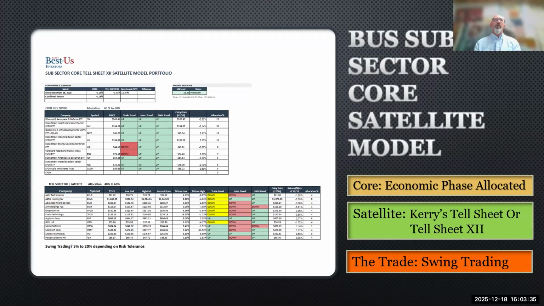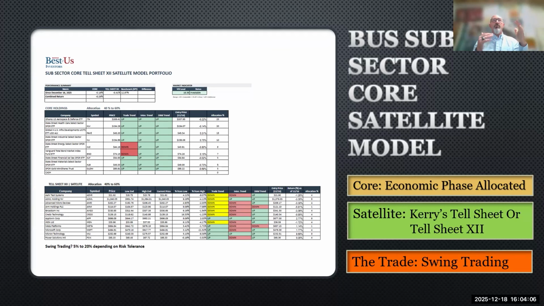In this case, we have aerospace and defense, healthcare, U.S. Development, industrials, energy. We do have a bond allocation to this portion, financials, materials, and gold in particular, more of a gold trust approach. And so there's a little bit more volatility because we're getting really into the granular side of this.